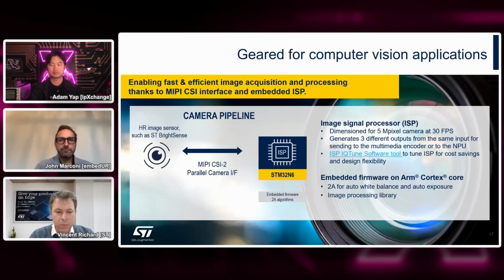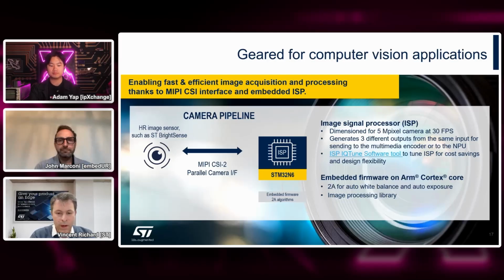So the ISP includes blocks like decimation, demosaicing, contrast enhancements, and much more. But also the statistics extraction, which is very important because it enables auto white balance and auto exposure, delivered through the st.com.